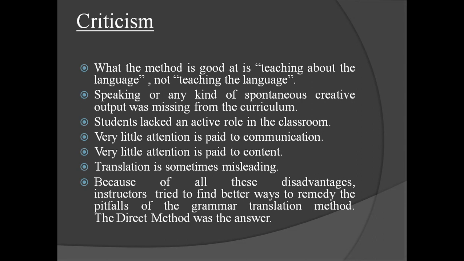So in the grammar translation method, because we use our native tongue, our mother tongue, to talk about a different language, a target language, it is teaching about the language and not teaching the language.